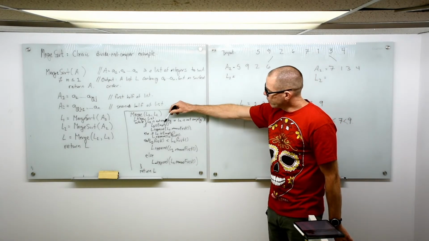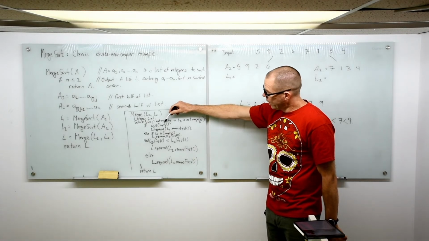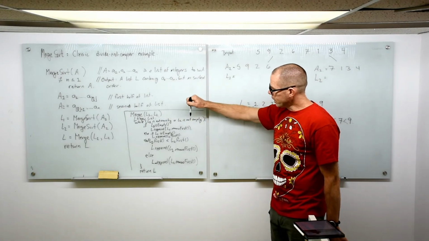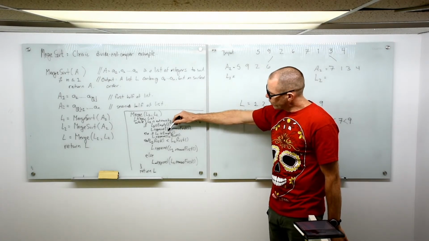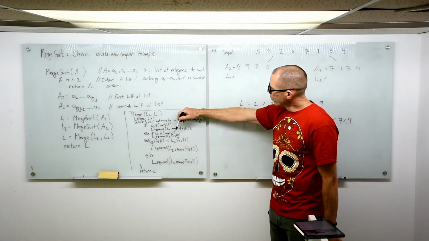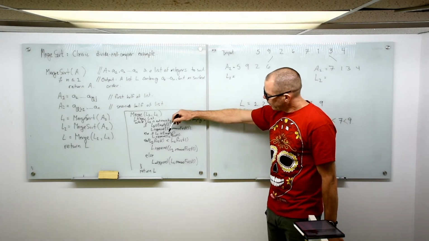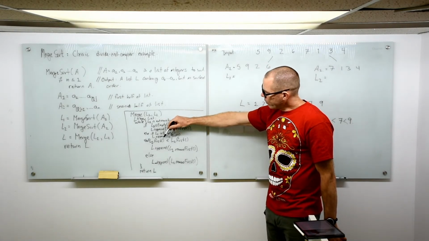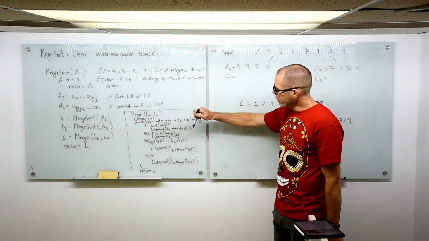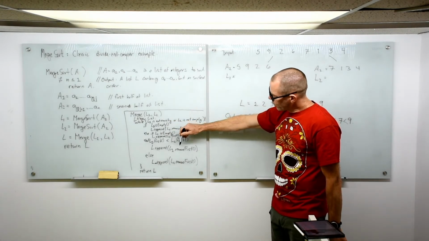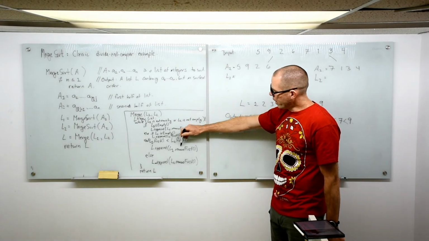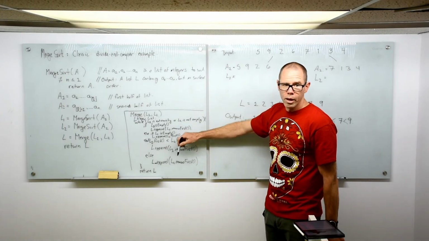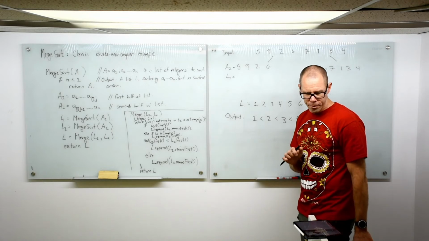The first clause checks if L1 is empty, and if so, it removes the first element from L2 and appends it to the list L. The second one checks if L2 is empty, and if so, it removes the first element from L1 and appends it to L. Otherwise, we check if the first element in L1 is smaller than the first element in L2. If so, we take the first element from L1 and we append it to L, and otherwise we take the first element from L2 and append it to L.